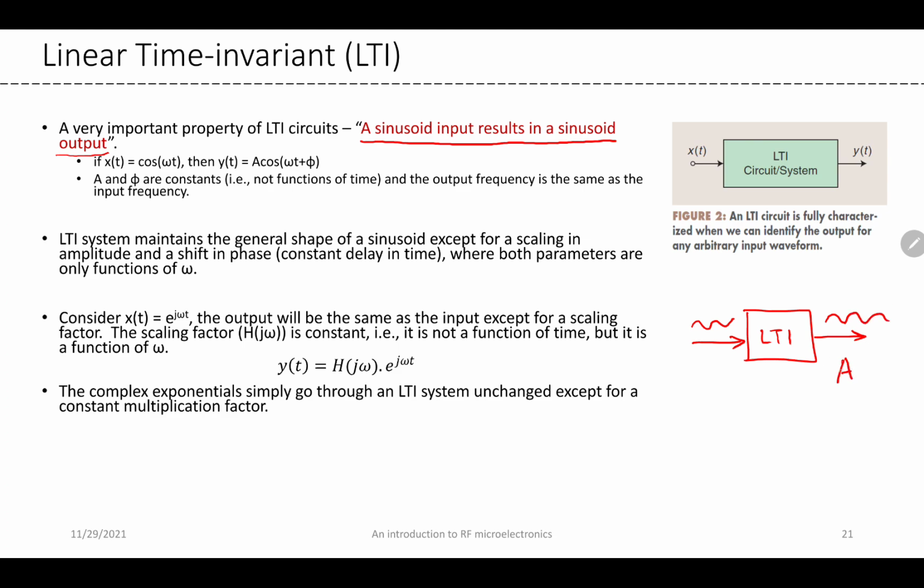The amplitude will change and the phase will change. So you can characterize this system on how it changes certain sinusoids, how it changes the amplitude and how it changes the phase of sinusoids. That is enough to characterize the system.